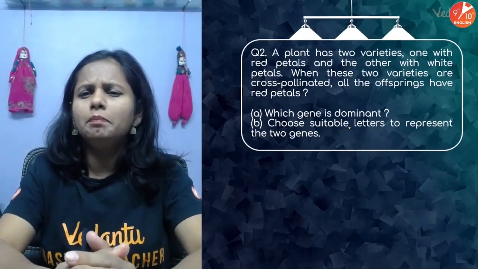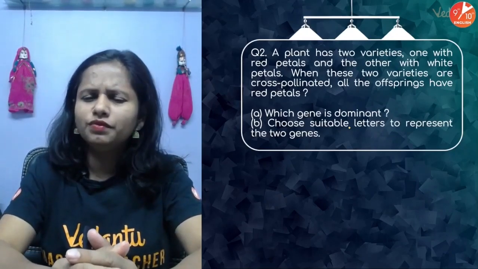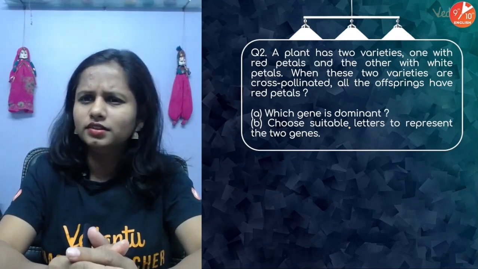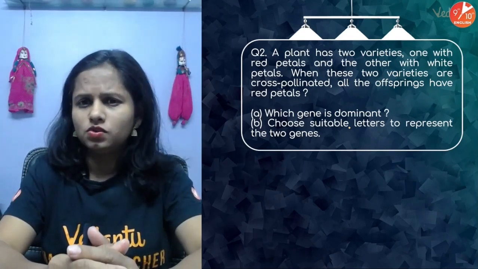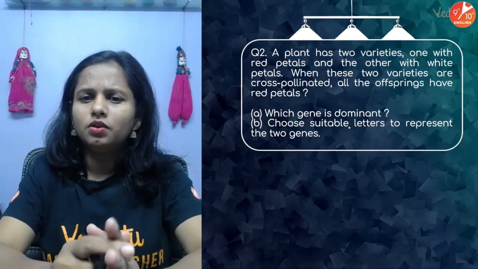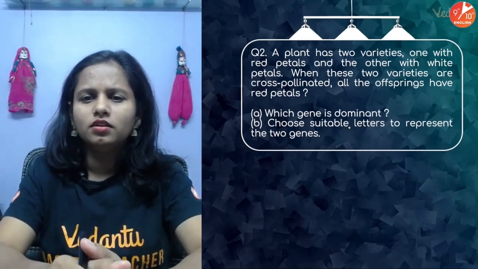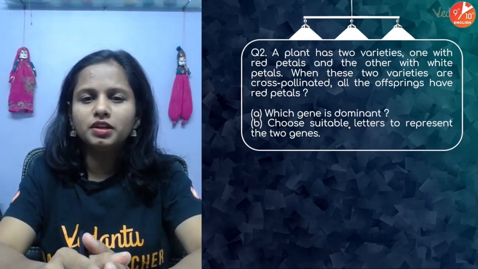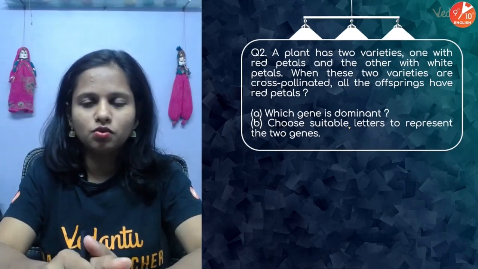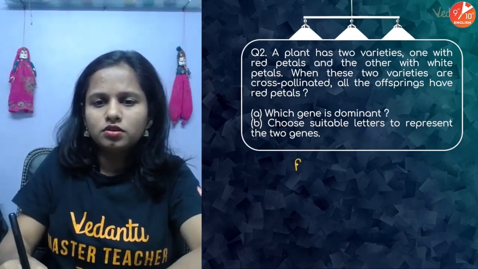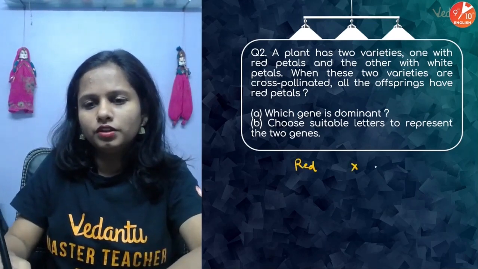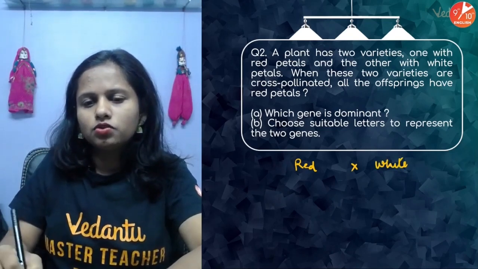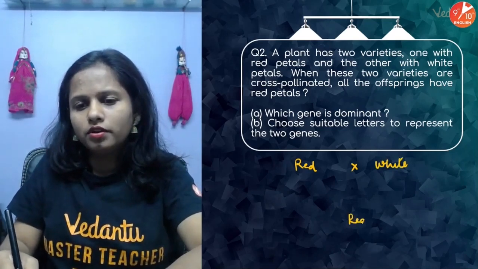A plant has 2 varieties, one with red petals and the other with white petals. When these 2 variants are cross-pollinated, all the offspring have red petals. So if we cross red with white, the individuals are all red.